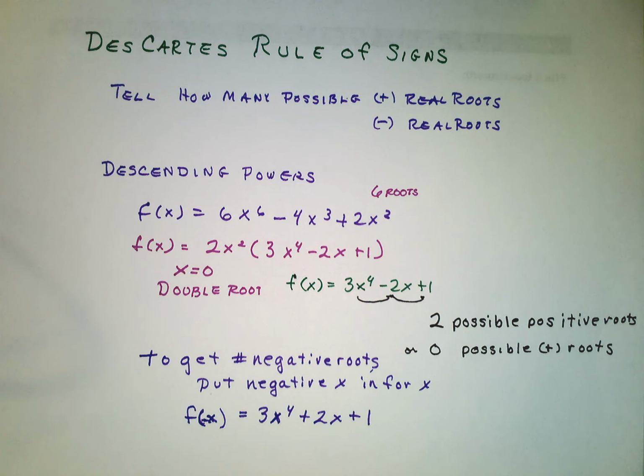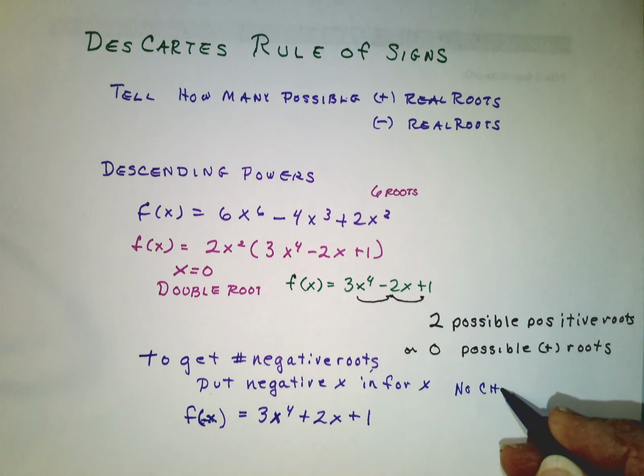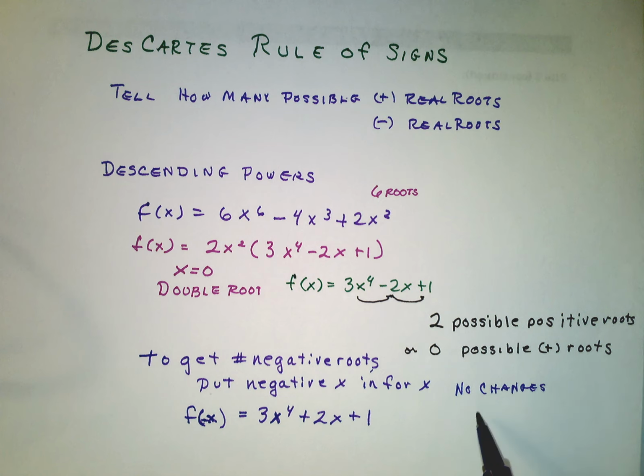And then we count the changes. Well, this is positive, and it's still positive, and it's still positive. There are no changes. Which tells us there are 0 possible negative roots.